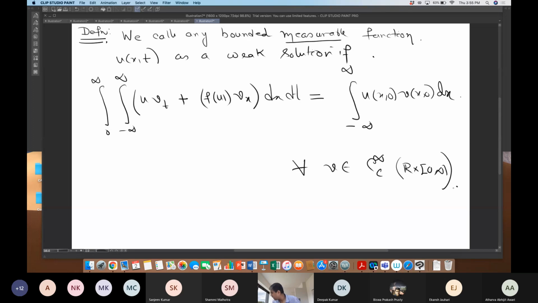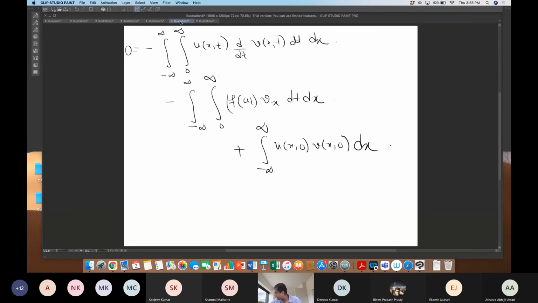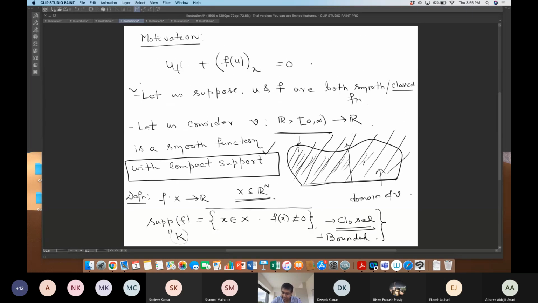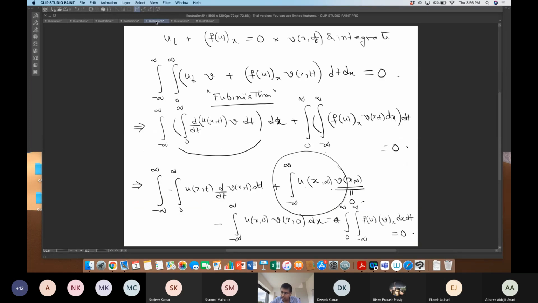See what I have done here is the following. We assume that u is a smooth solution. Then only I can throw the derivative. I can write the derivative u_t like this, right? I throw the derivative to v, or f(u) I throw the derivative to v, because v is smooth.